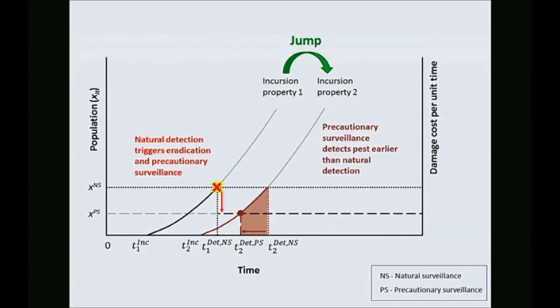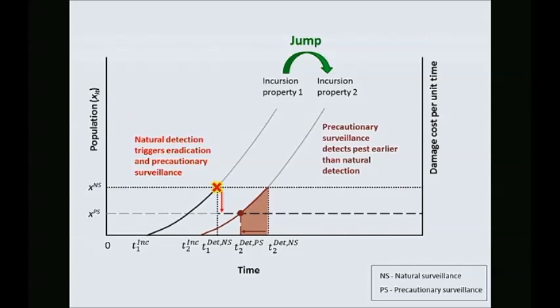So if you've got precautionary surveillance in place, then the pest is detected at a lower population density, at an earlier time than would otherwise be the case, because otherwise you're just depending on natural detection. So you get more damage, and you get the pest being detected at a higher population. And if we take this area here, then that's giving us a saving in terms of pest damage.